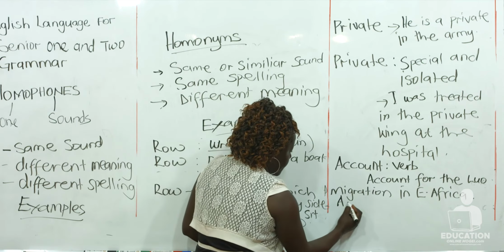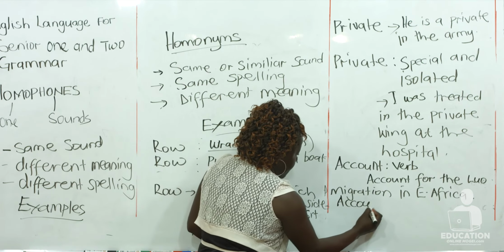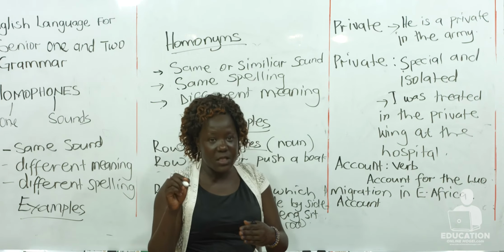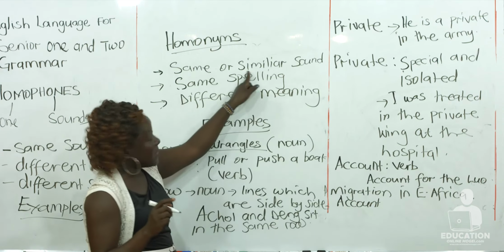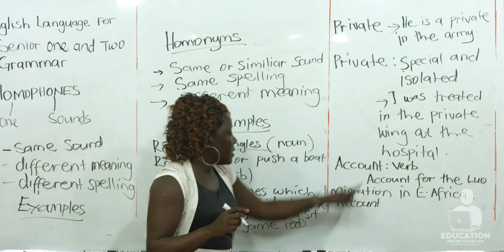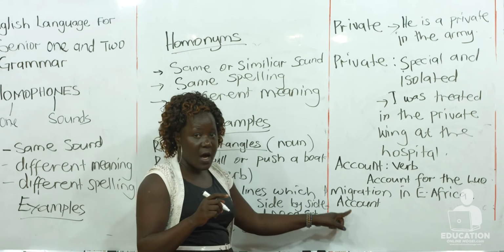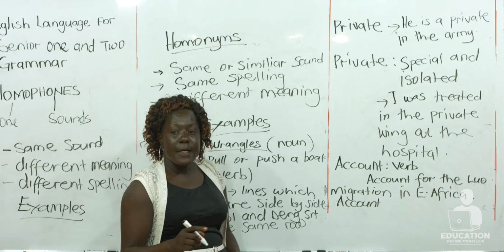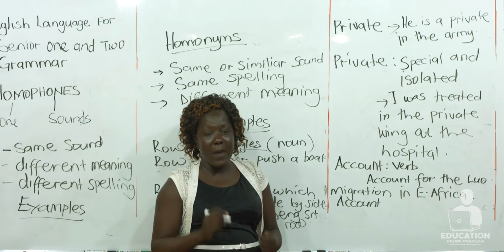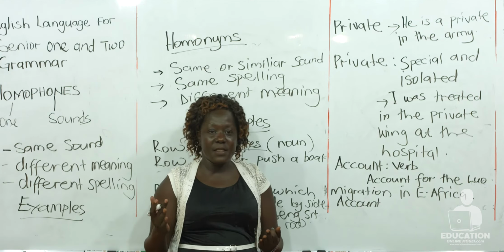Account. You see, the pronunciation changes a little bit. It is not different, but similar. And it is not the same. This one, account. This one, account. Account is a legal contract between the bank and a client.